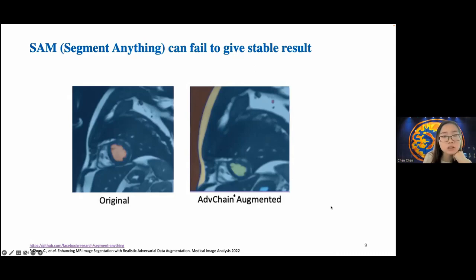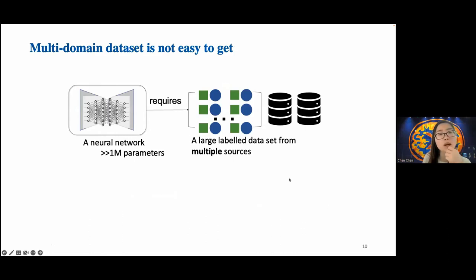Okay, so how could we develop robust models using limited data? One solution is maybe we could just collect lots of data from multiple different training sets from different hospitals and cover lots of different populations, right? But this is not that easy to do. Why?